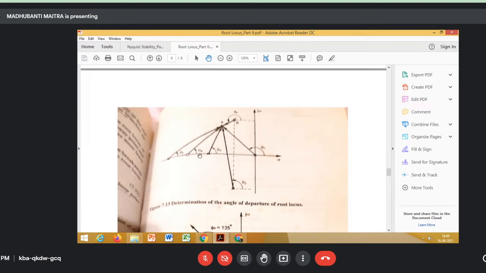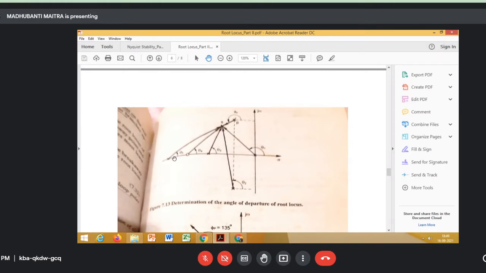And similarly, this segment is again one locus segment. Hence, the root branch which will originate from this real open loop pole will move along the negative real axis, but in this particular direction. And hence, we find that the angle of departure in this case is also 0.